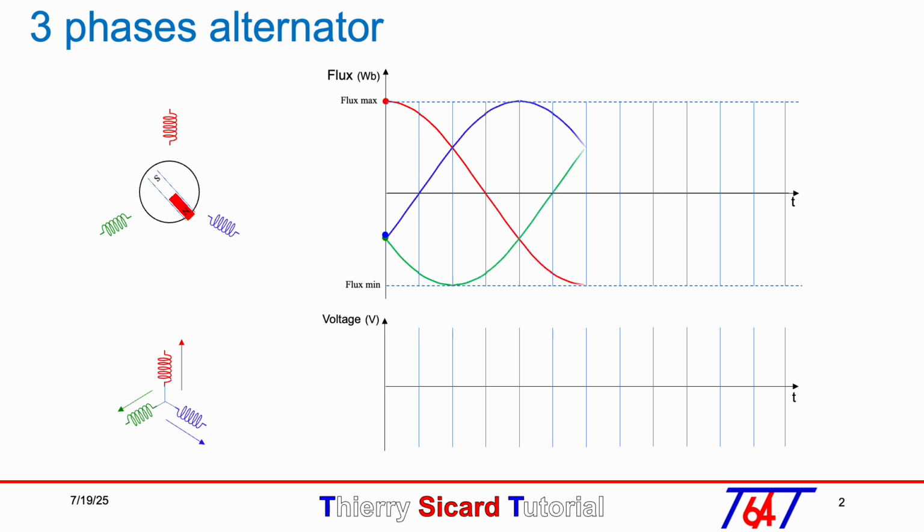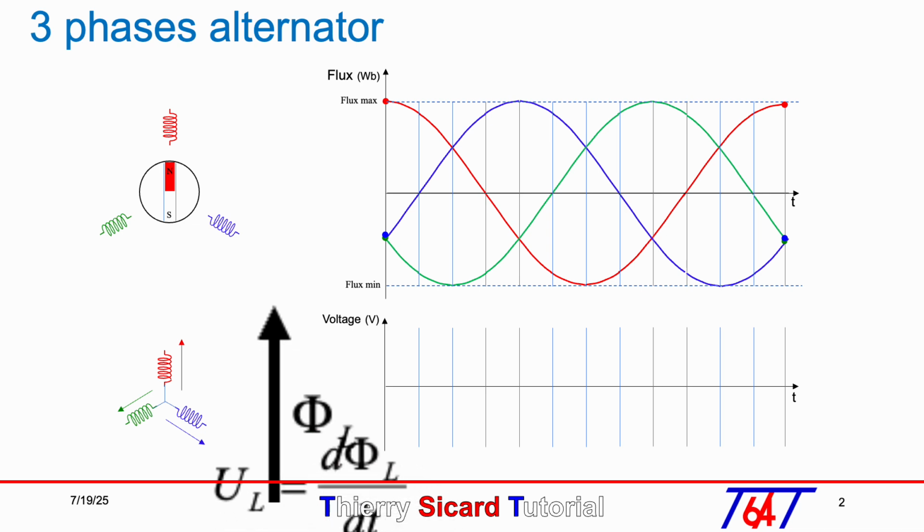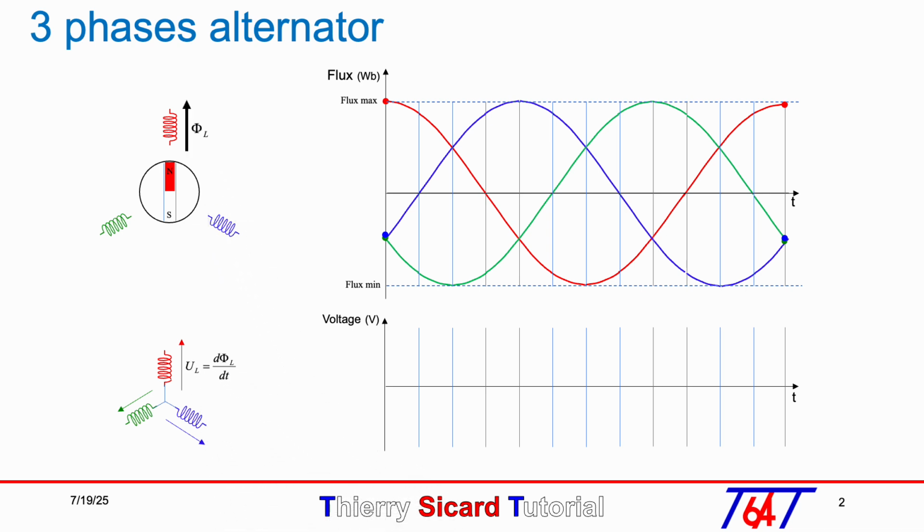During rotation, the blue and green coils will also receive the maximum magnetic flux until the red coil returns to its maximum magnetic flux after a complete full turn of the magnet. The voltage across the inductor is equal to the derivative of the magnetic flux.